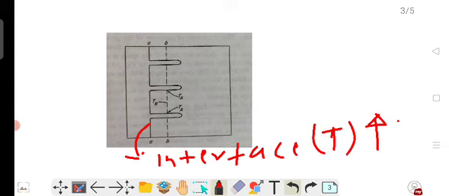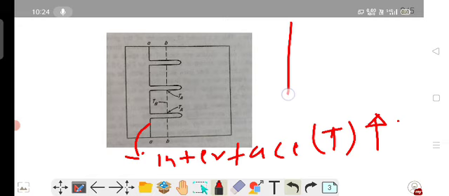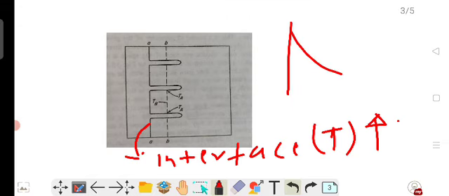At the same time the liquid temperature is going to be decreased. So we can say that at this interface, here is the solid, and in this region there is a liquid.